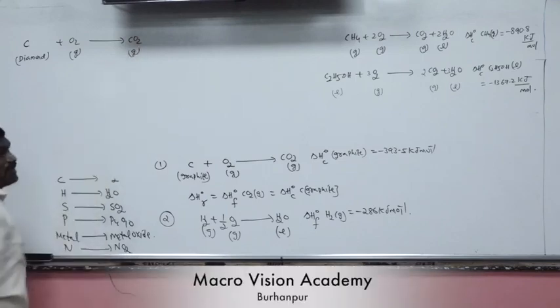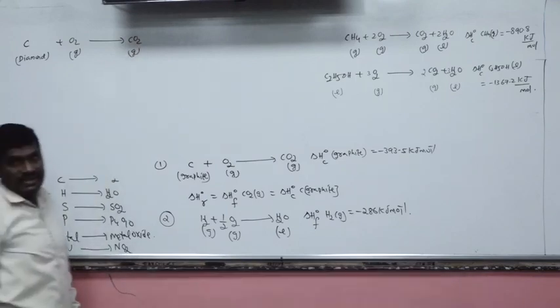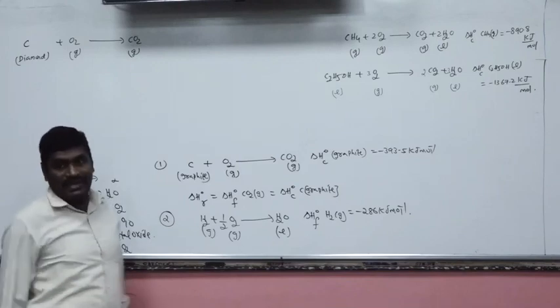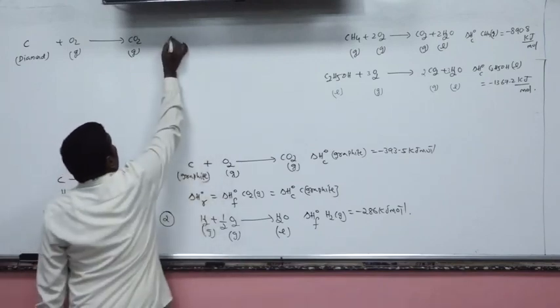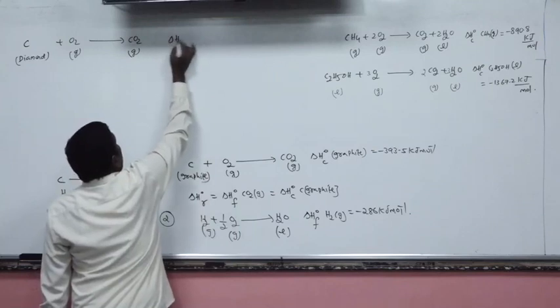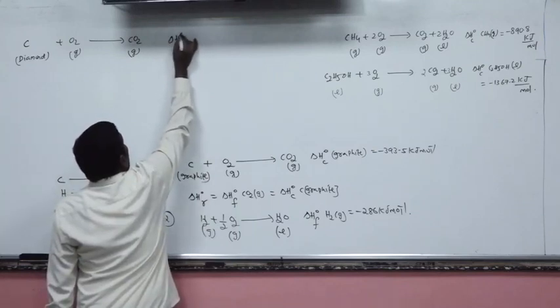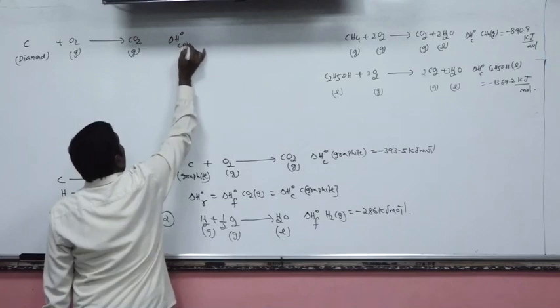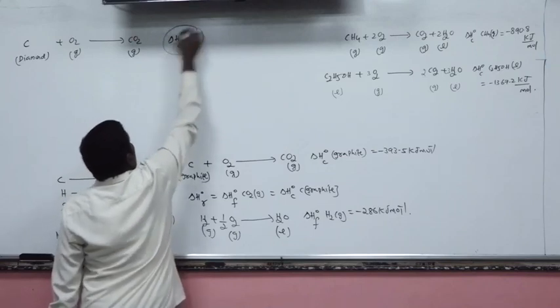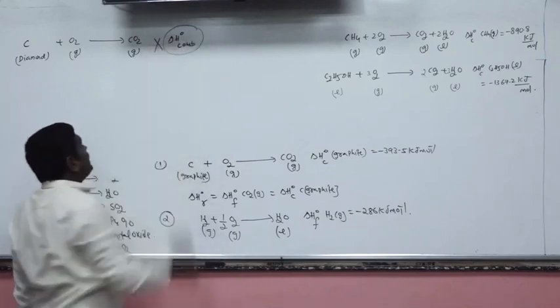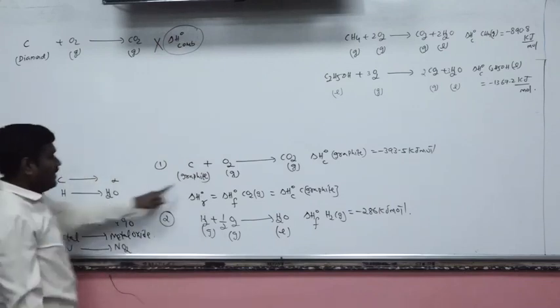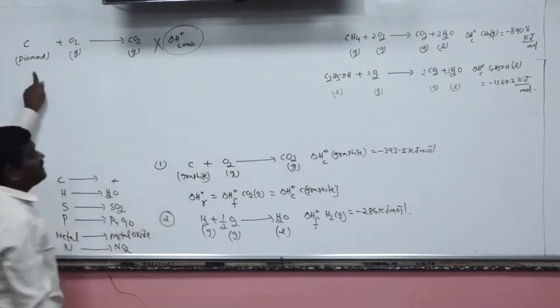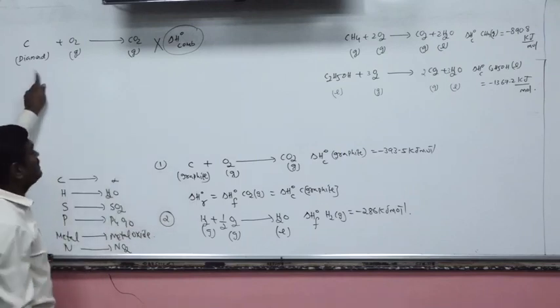It is not corresponding to standard enthalpy of combustion because it is combustion but not the standard enthalpy of combustion, because the standard state of carbon is graphite, not diamond. Are you getting my point? So this is very important.